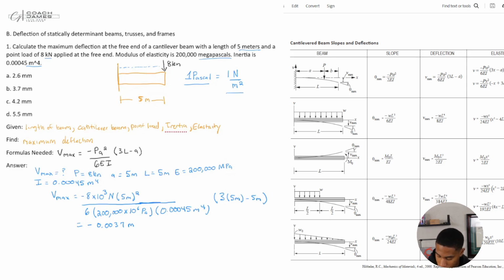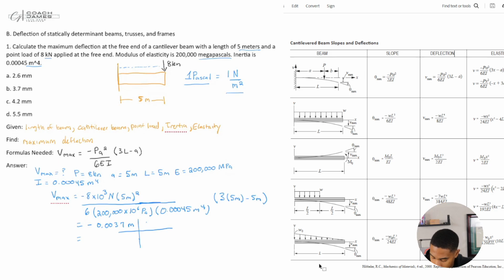So this one asks me in millimeters. So to get it in millimeters, we'll just do the unit conversion here. I just know it's times 10 to the third, I think, right? Meters.